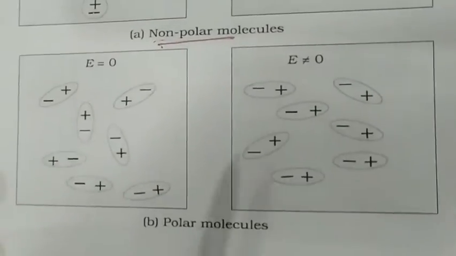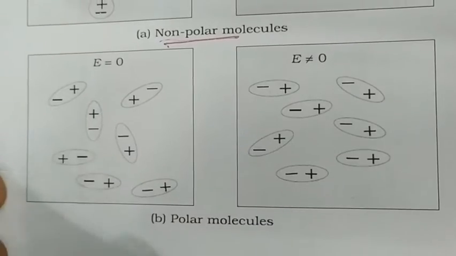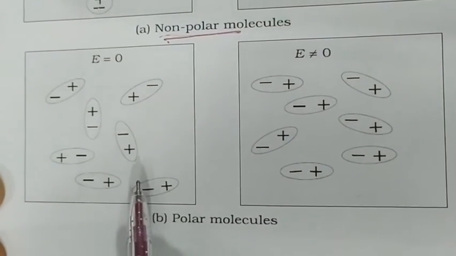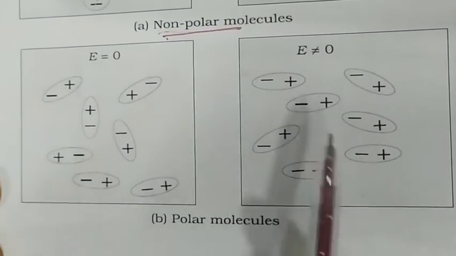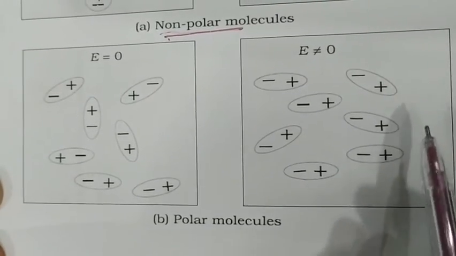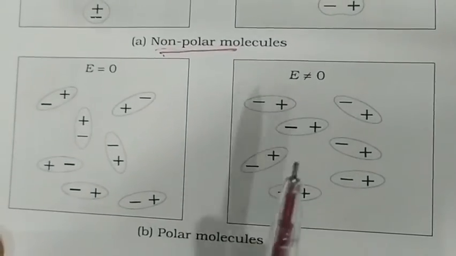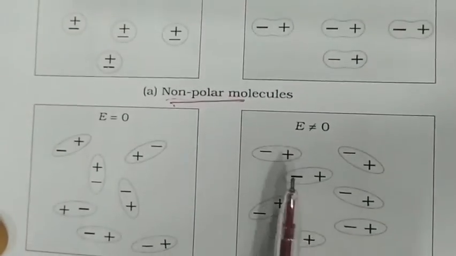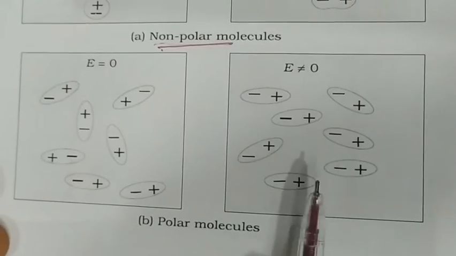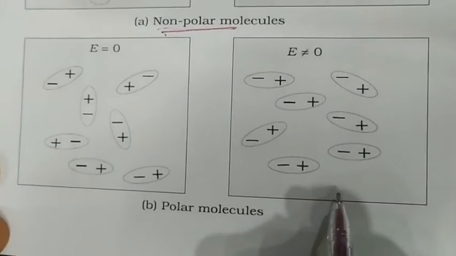In the polar molecule case, where negative and positive charge are centered at two different locations, when they are kept in an external electric field, we get the same result as for non-polar molecules. The negative charge aligns in one particular direction and the positive charge in the other, and they produce a dipole moment.